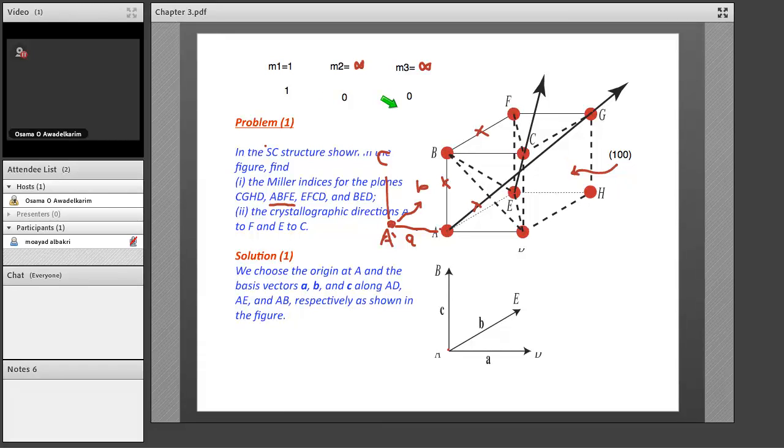So again, this plane here at the back is the 1, 0, 0 plane.